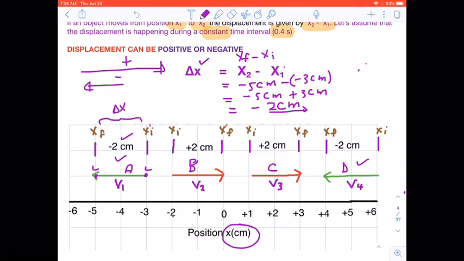So whilst if we look at A, it's in a negative direction, D is also in a negative direction, but A and D are on different sides of the coordinate line. If we look at B and C, they are also on different sides of the coordinate line, but they have the same direction.